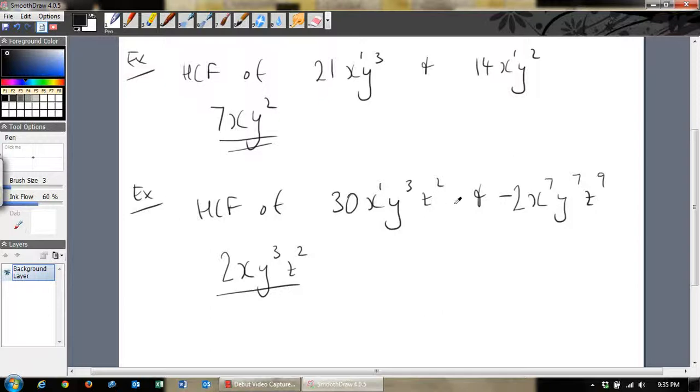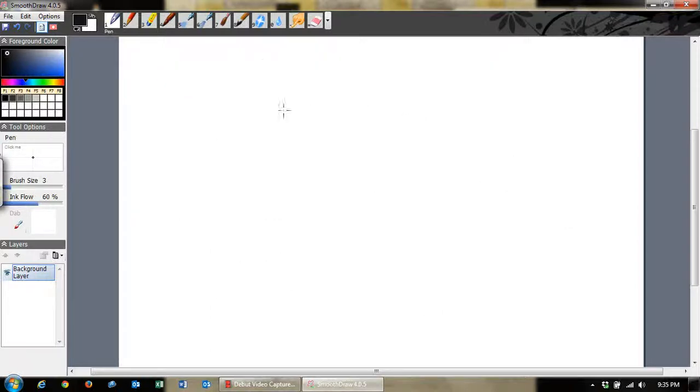Okay, now that we've done that, let's do some actual factorization. Okay, so an example of this would be 7x plus 21. A really simple example to start off with. Firstly we want to find out what is our highest common factor. Look at the two terms and figure out what is the common factor between these two.